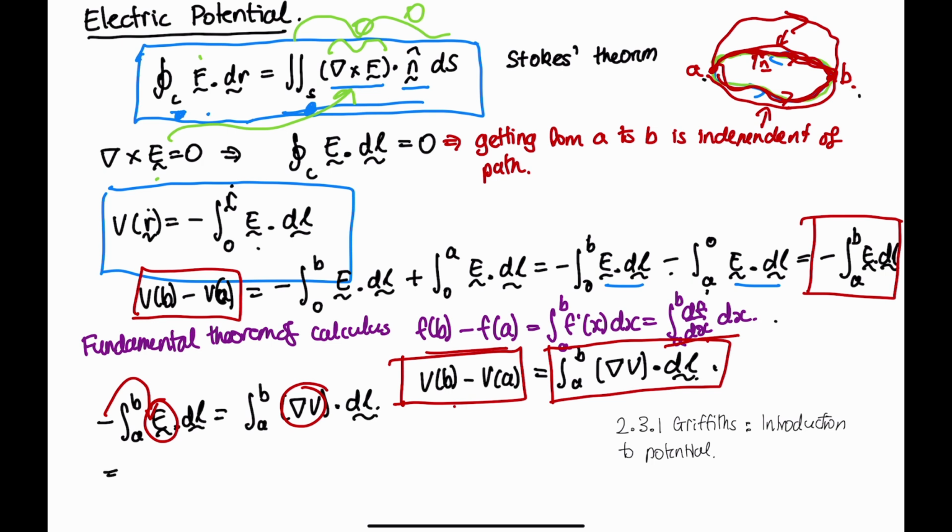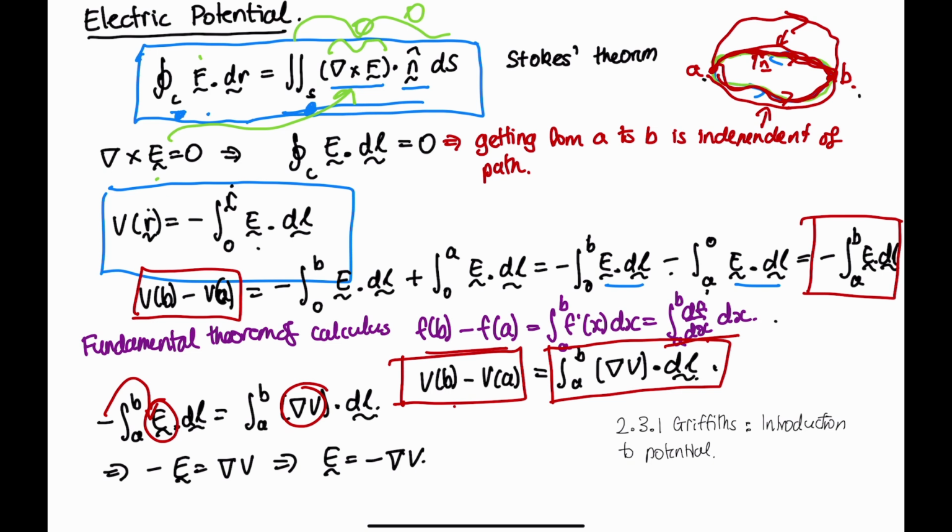So we can say this tells us that negative E is equal to grad V, or that E is equal to minus grad V. And so this V is actually how we define the electric potential.